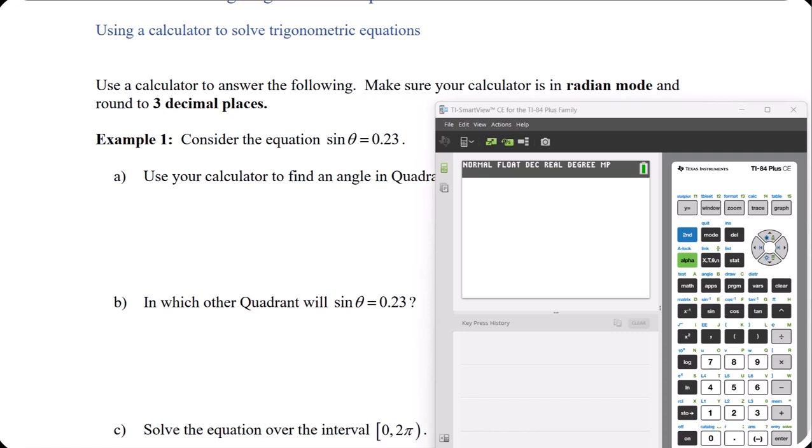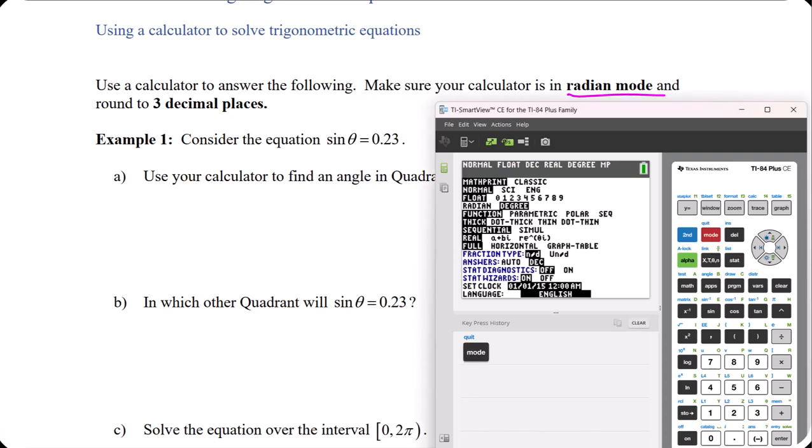First of all, notice that our calculator has to be in radian mode. If I go to mode and go down to the line that says radians and degrees, right now degrees are highlighted. If I press enter on radians, now radians are highlighted. It also says that I want to round to 3 decimal places.